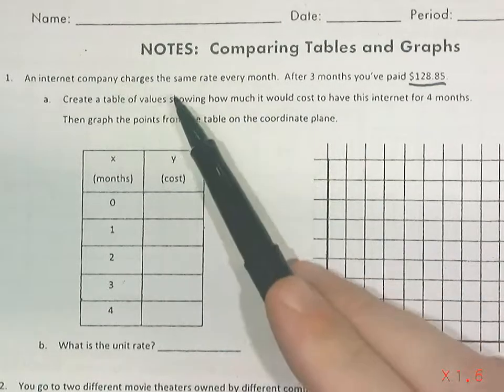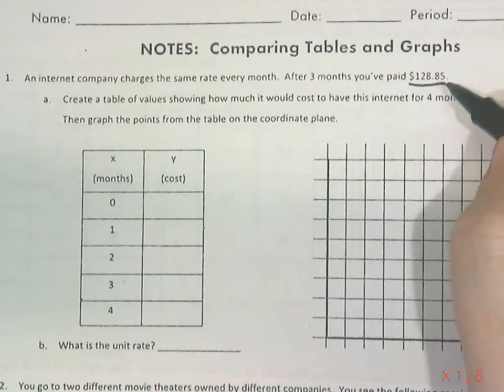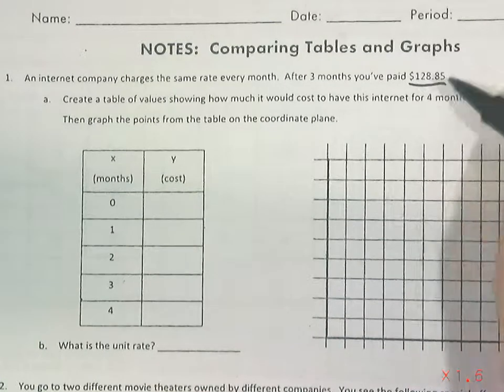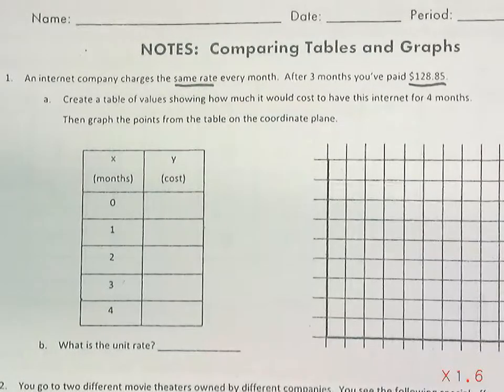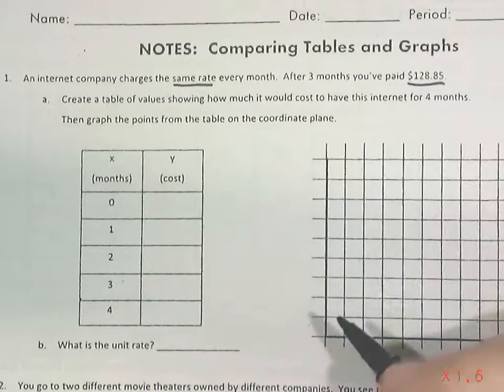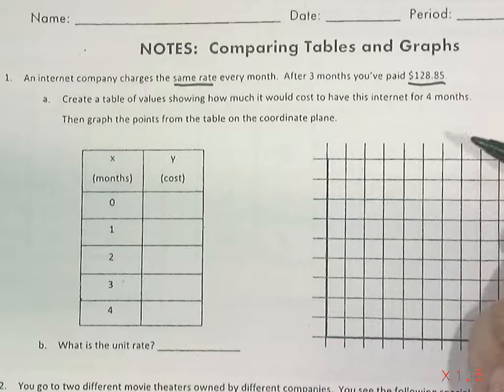So the key piece of information it gives me is that after 3 months I've paid $128.85, and I know that they're charging the same rate every month. So it isn't changing how much they are charging me. It's the same amount of money each month. So with that information, I can figure out what's happening each month.